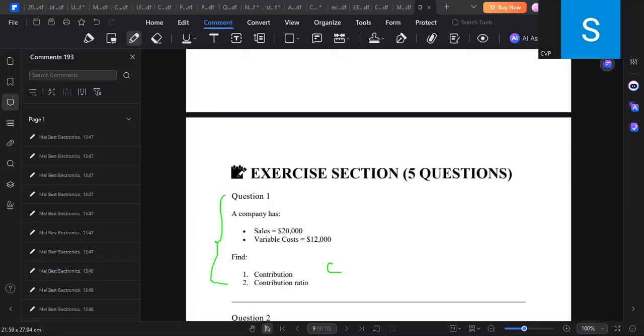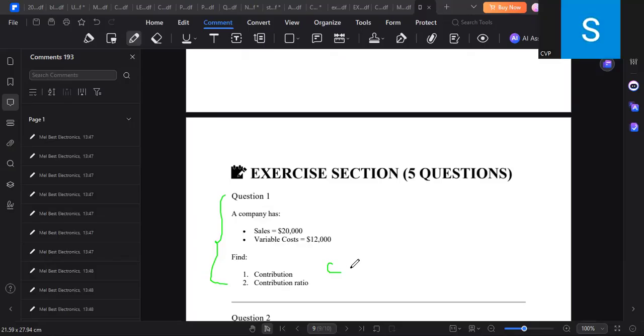Who wants to try? What's the formula for contribution? Sales minus variable cost.